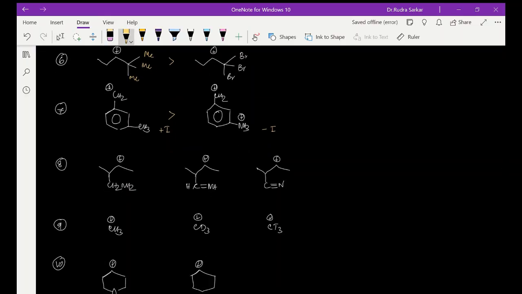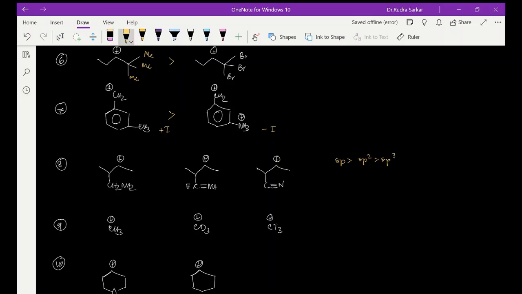In question number 8, always remember that sp hybridized carbon is more electronegative than sp2, which is going to be more electronegative than sp3.